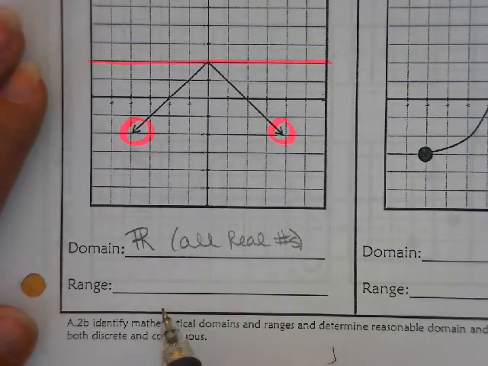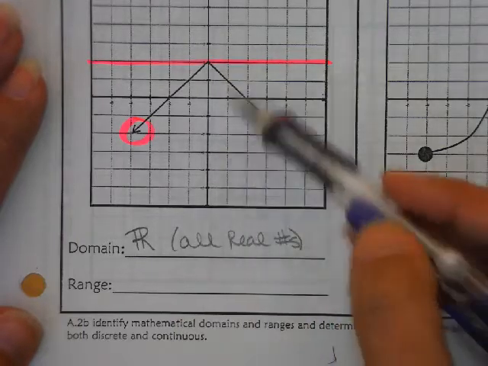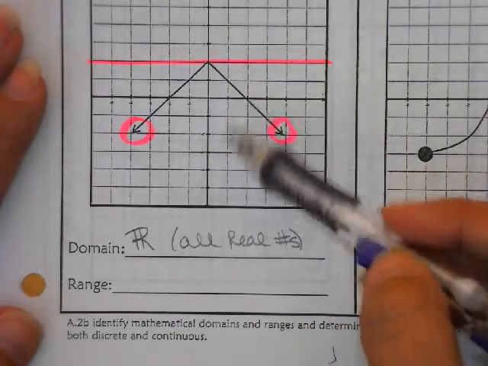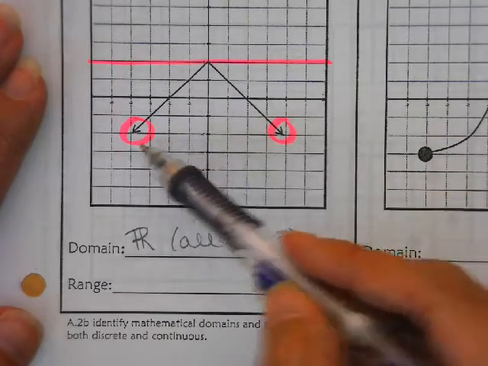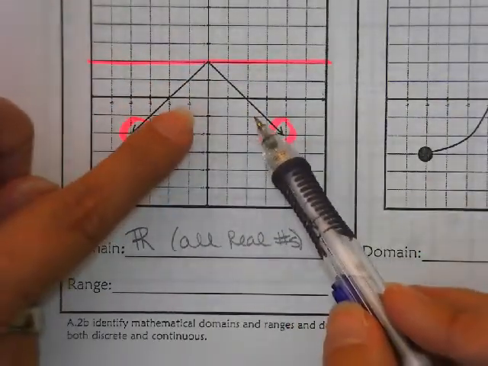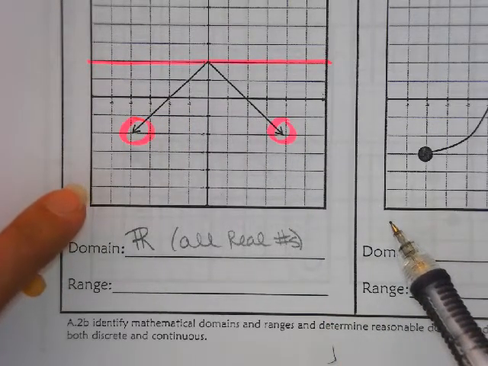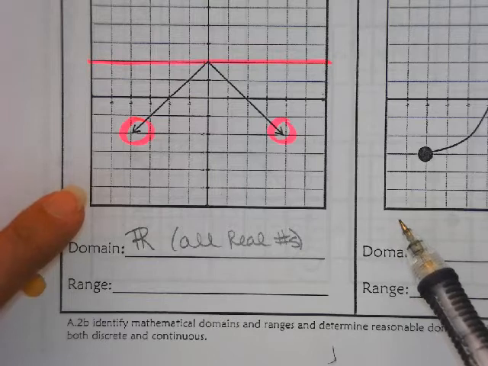But let's look at the range. Do we have a lowest y value? We've got arrows, so they're going forever and ever and ever out left and right, but also down. So does it stop? No. What is that? It's not all real numbers this time.